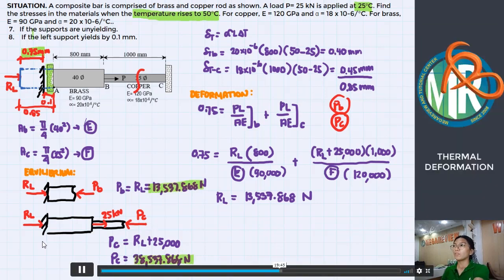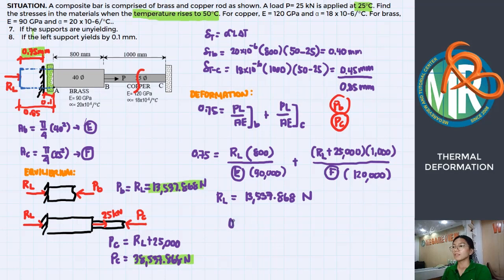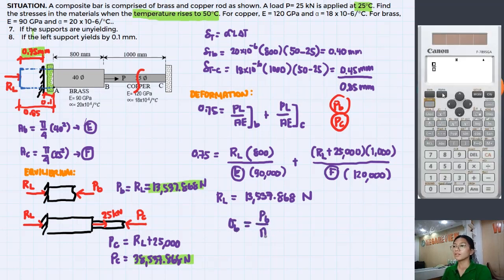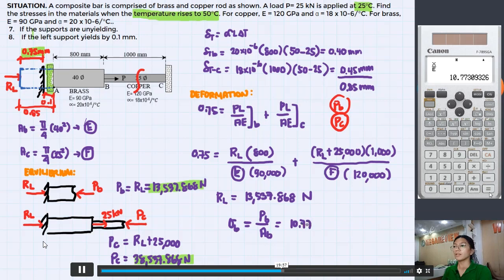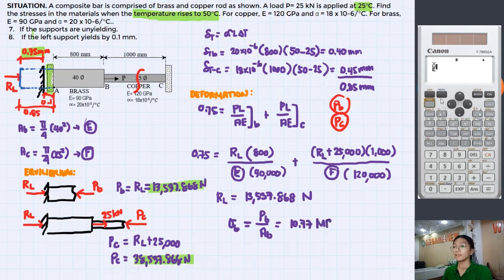We can now solve the corresponding axial stresses, force over area. Stress in our brass rod is 10.77 megapascal, and in our copper rod, force of the copper rod over area of the copper rod, is 78.51 megapascal. These are the answers for number 8.